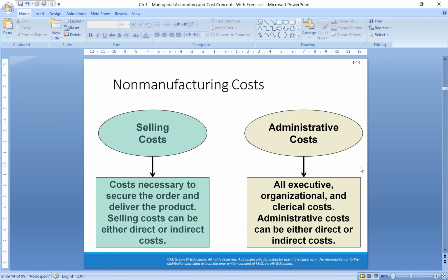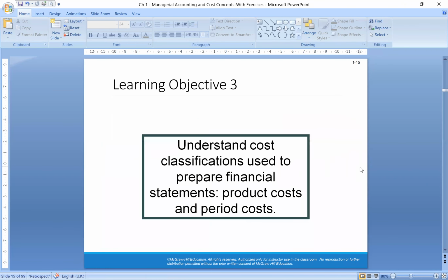And also the administrative costs, which include all executive, organizational, and clerical costs, which means it is related to the management. It is not related to the manufacturing process directly. So the administrative costs can be direct or indirect, but it will be non-manufacturing. It will not be an integral part of the product.